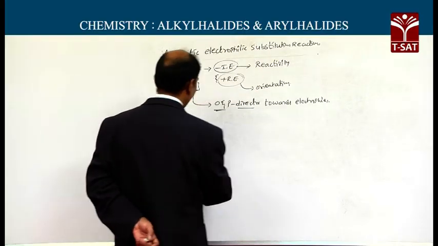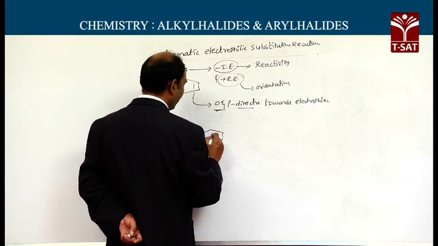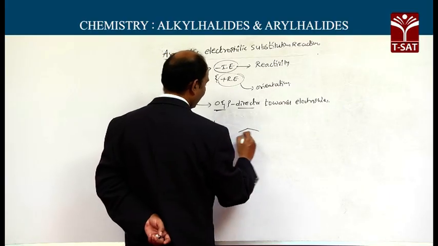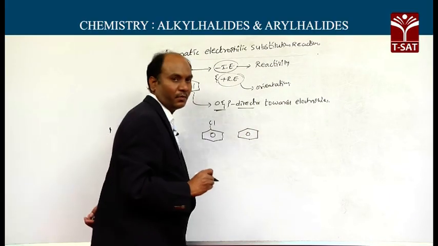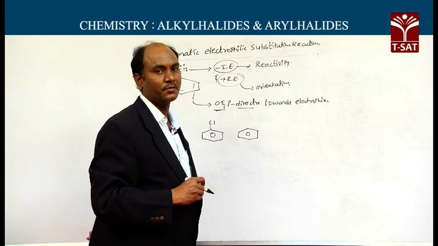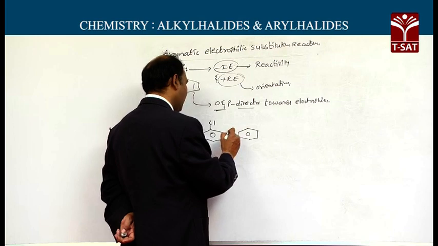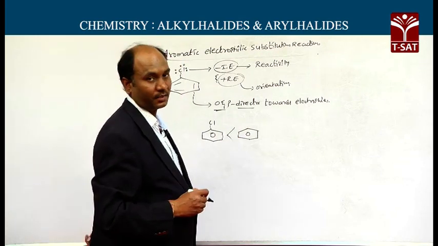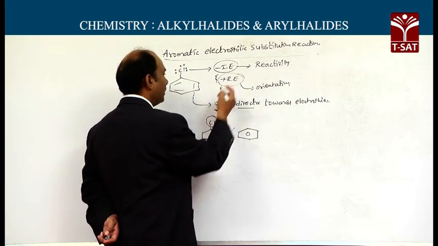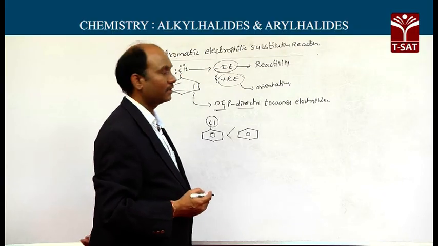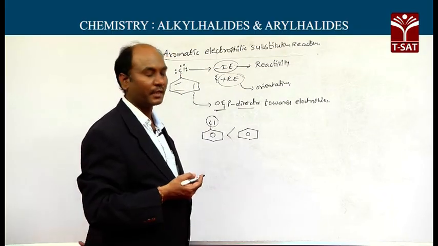If we compare chlorobenzene and benzene, which is more reactive towards electrophilic substitution reaction? Chlorobenzene is less reactive than benzene. Why? Because Cl is having minus inductive effect, and that minus inductive effect controls reactivity.